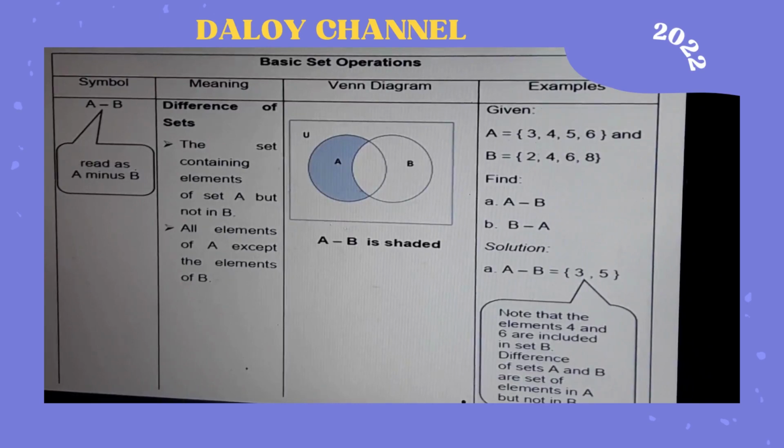To satisfy this in an example, say set A contains 3, 4, and 5, and set B has 2, 4, 6, 8. Finding the difference of sets A and B, in this case we have 3 and 5.